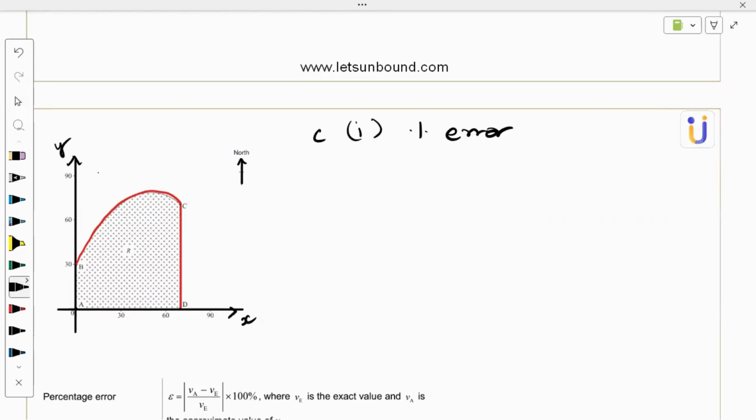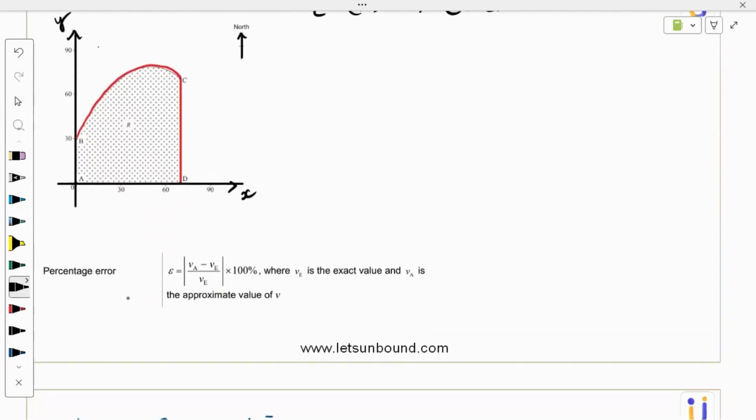We don't know what she got, but the difference between the actual value and the approximate value by the trapezoidal is 11.4. And this is the percentage error formula: approximate value minus exact value divided by V of E. So it's a modulus, since there might be the case of increase or decrease, that's why modulus times 100%.